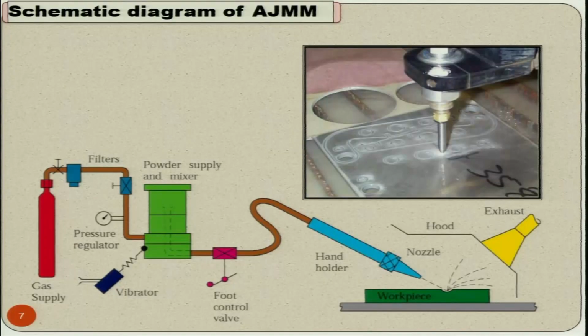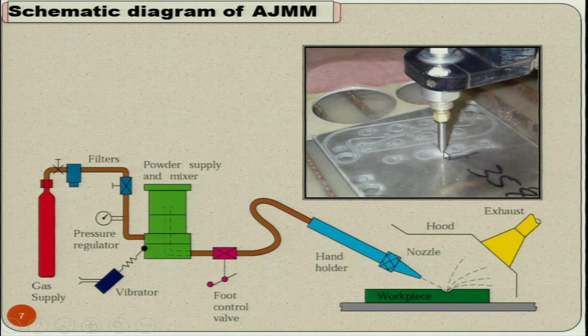At least one dimension of the feature should be less than 1 millimeter, then only it can come under the category of micromachining. And you can clearly see different features created here with the help of abrasive jet micromachining.